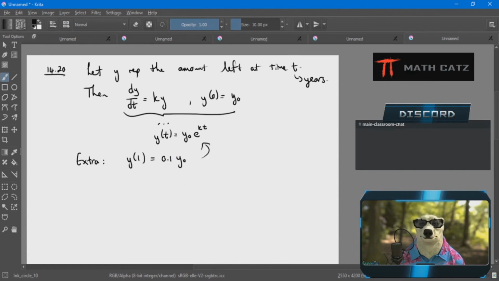So that then goes in here: 0.1 y0 equals y0 e to the kt. T is 1. Time is 1. And you see here, they didn't give me the initial amount because it didn't matter in this equation. So e to the k times 1, so just e to the k is 0.1. So k is simply natural log of 0.1 with no extra calculation.